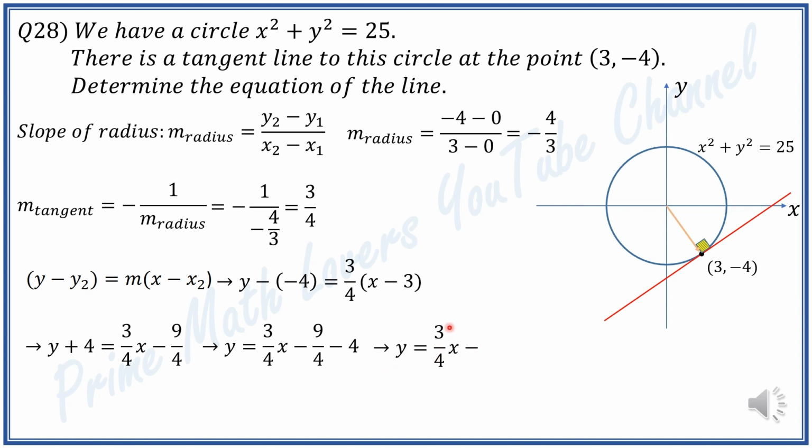Or y is equal to 3 over 4x minus 9 over 4 minus 16 over 4. I rewrite 4 as 16 over 4 to have the common denominator between these two constant numbers. And if we add these two numbers, it will be 3 over 4x, minus 9 minus 16 will be minus 25. So y is equal to 3 over 4x minus 25 over 4.